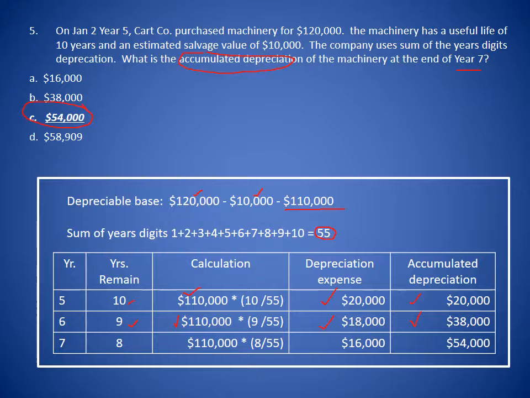In year number 7, we have 8 years remaining, so $110,000 times 8/55, and our depreciation expense here would be $16,000. We take that $16,000, add it on to the $38,000, and we end up with accumulated depreciation of $54,000.